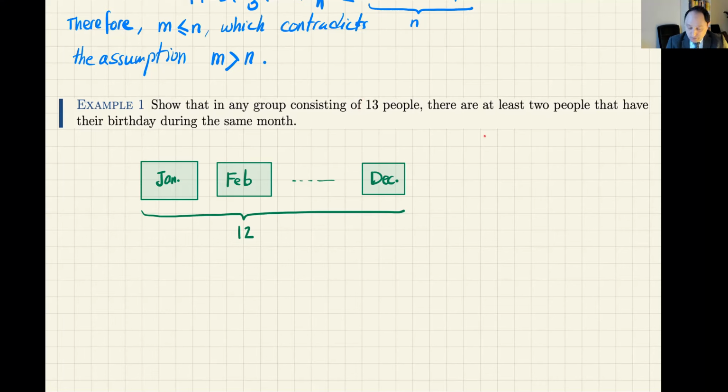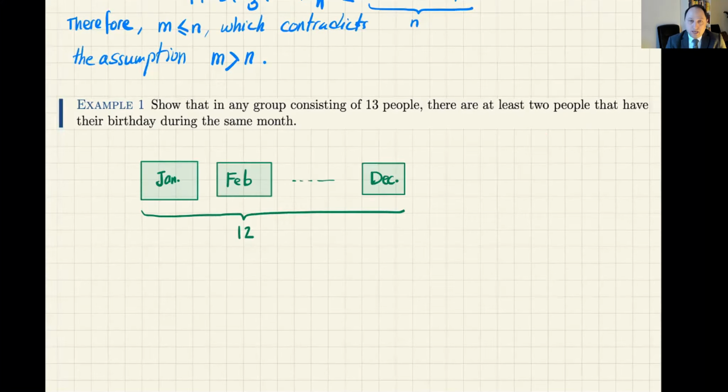If I had only 12 people available, there is no guarantee for this, even though it might happen. Even if I have 2 people, it might happen that both of them are born in January. So it is possible even for 2 people, but the point is that there is no guarantee for that. We need extra information. But if I don't have extra information, it is clear that 12 people might not work.